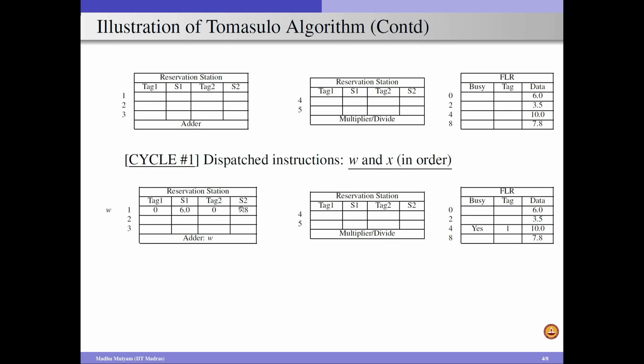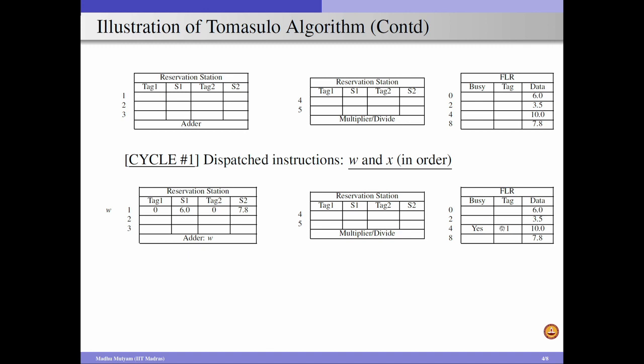Because we consider 5 reservation stations in total, 3 for the add functional unit and 2 for the floating point functional unit. So we have 5 reservation station entries. So the new value for this R4 will be computed by an instruction that is stored in a reservation station entry, and that will be indicated here. This 1 indicates that this entry is going to produce a new value to this register R4.